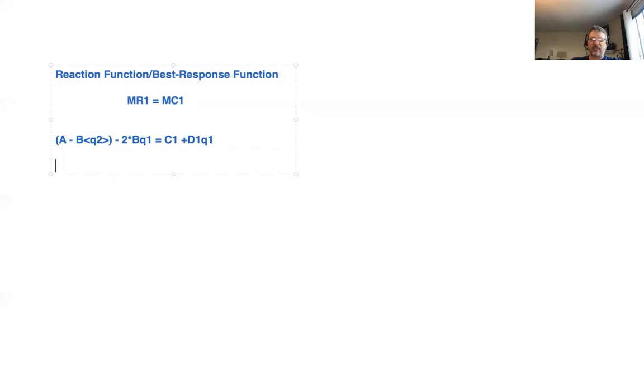We formulated the best response functions this way, and now we have marginal revenue equal to marginal cost for firm one. But we also need a best response function for firm two, and now it's going to be MC2. But we're lucky in that we've gotten this far.